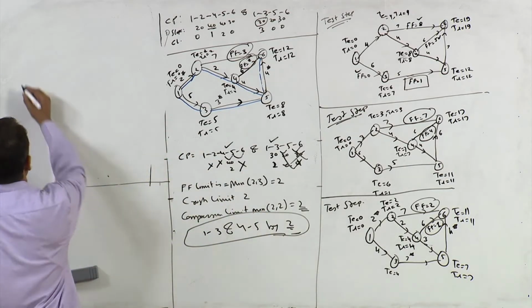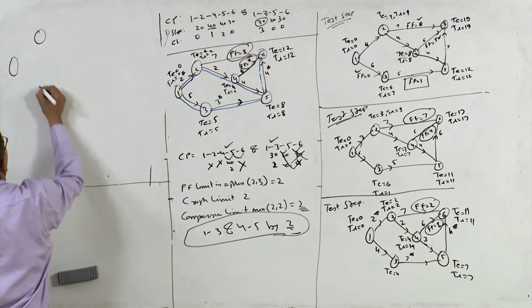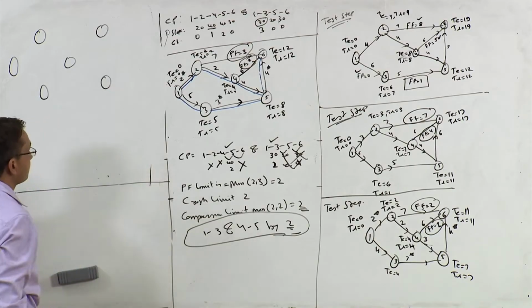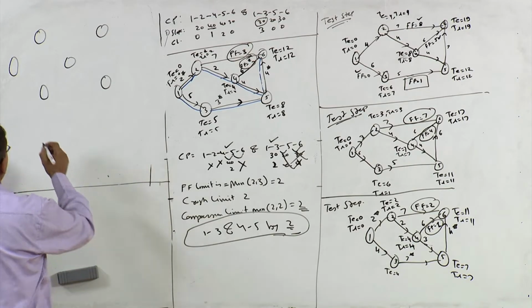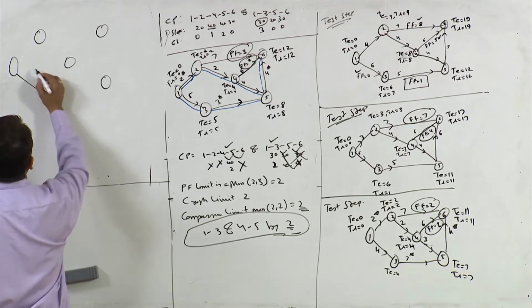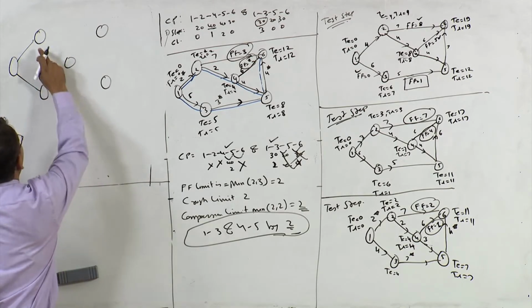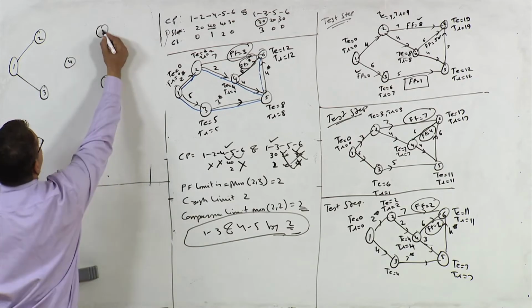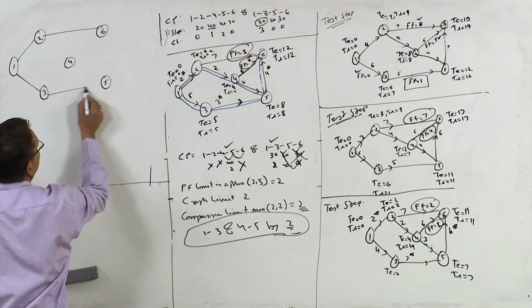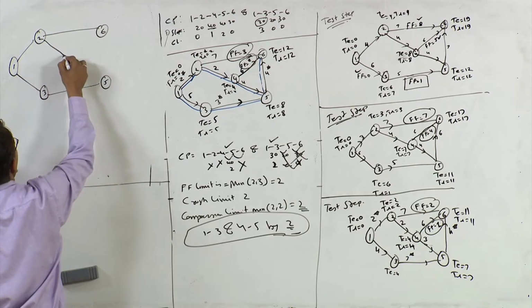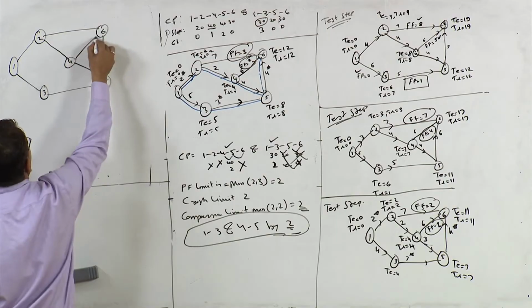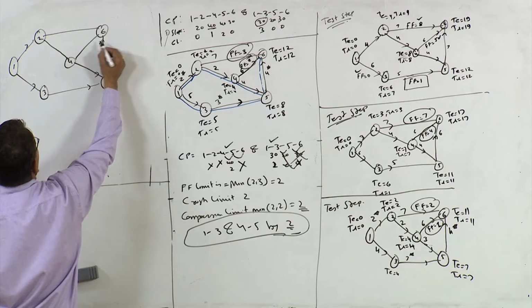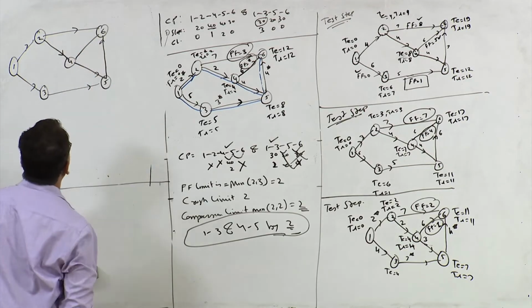Let us look at this network now. 1 2 3 4 5 and 6. This is our network, and these are the directions, right?